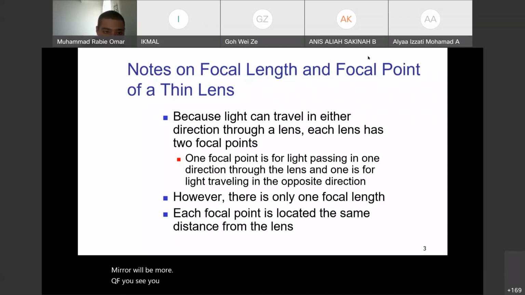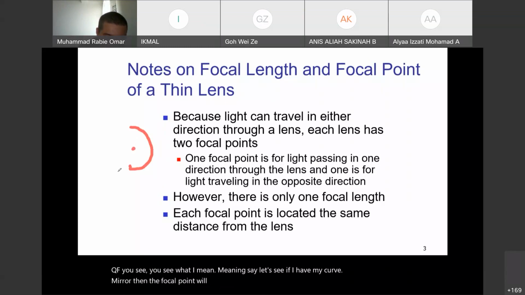Meaning to say, if I have my curved mirror, then the focal point will be somewhere here. And if I have a slightly curved mirror, then the focal point should be somewhere here, which is farther than this particular mirror.